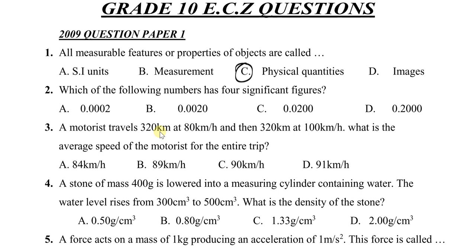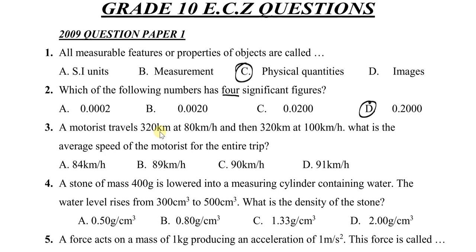So the keyword is 4 significant figures. The correct answer here is actually D, because these zeros after a non-zero digit are significant, these ones here.